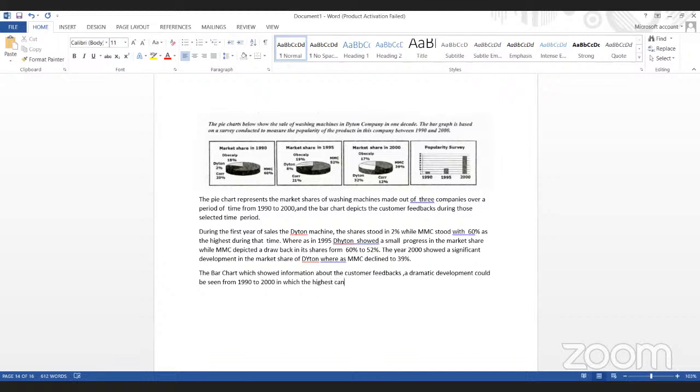In which the highest could be seen in 2000 and the lowest could be seen in 1990, right?